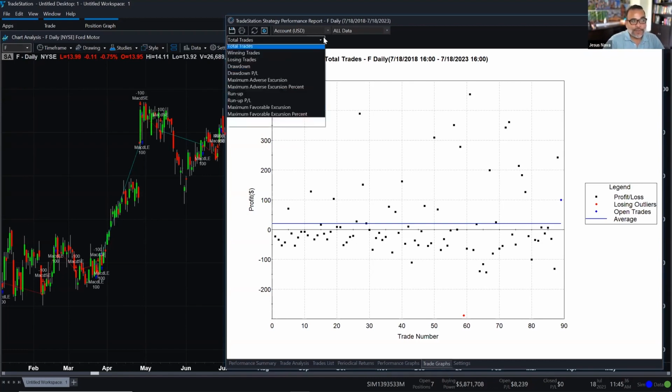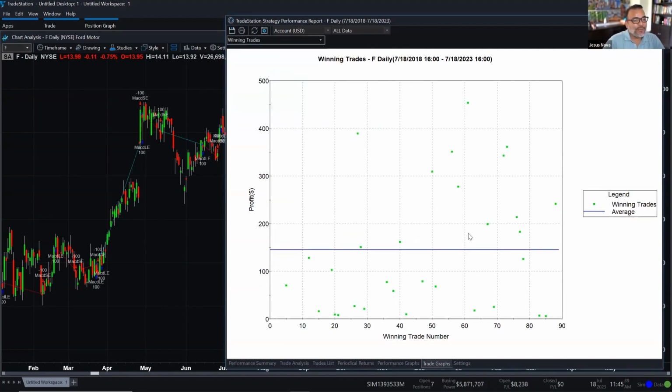And that's total. If I go to the winning trades, of course, it's just going to give me every trade that was profitable. It breaks it down and gives me an average winning trade. So if you average all the winning trades together, we have 144 average.